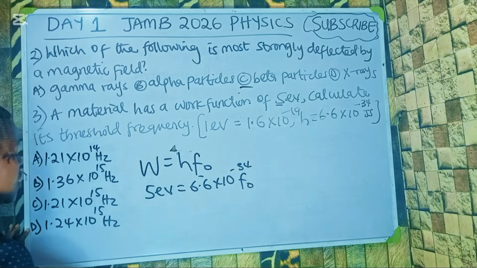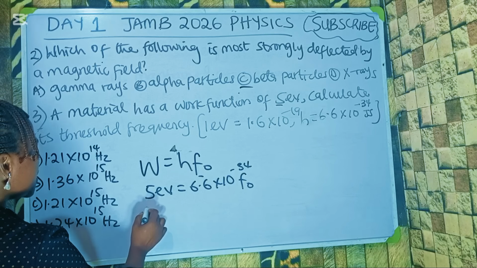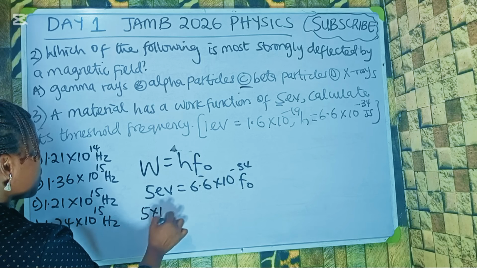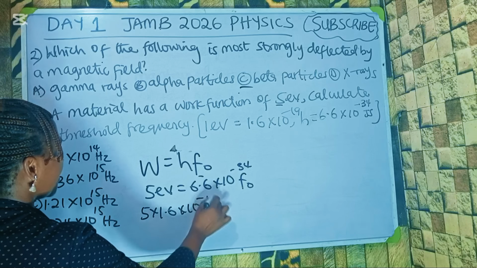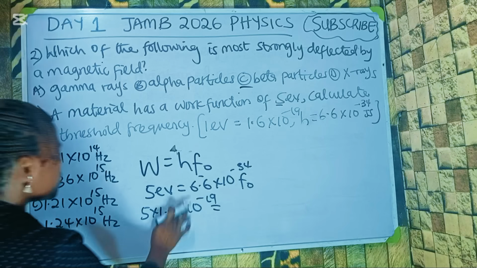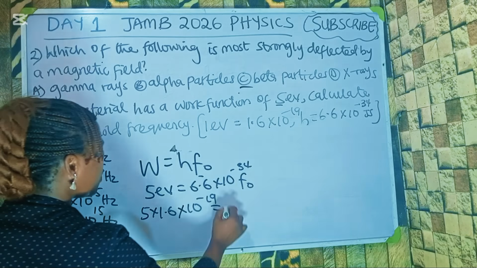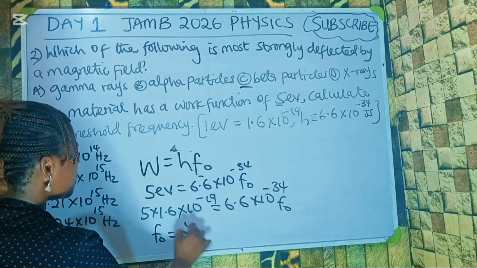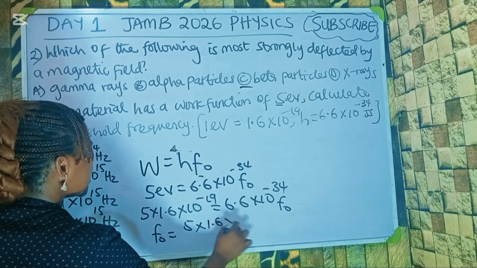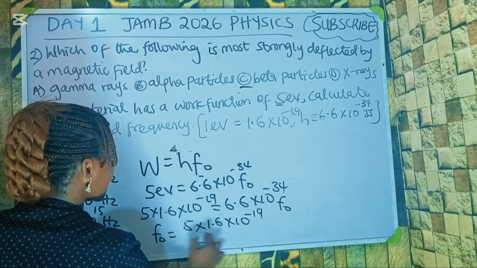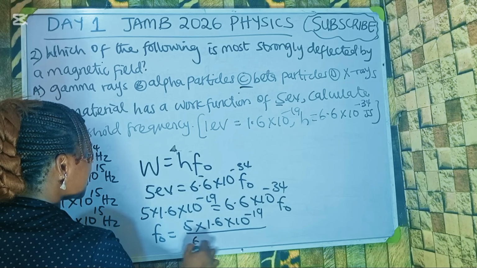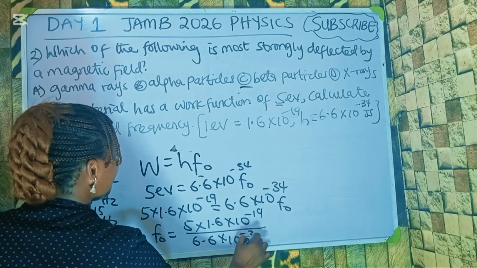Now we must convert this to joules by multiplying by 1 electron volt. So this is going to be 5 times 1.6 times 10 to the power of minus 19, please don't forget this, which is equal to 6.6 times 10 to the power of minus 34 f naught. Because I want to make this the subject, f naught is equal to 5 times 1.6 times 10 to the power of minus 19, divided by 6.6 times 10 to the power of minus 34.